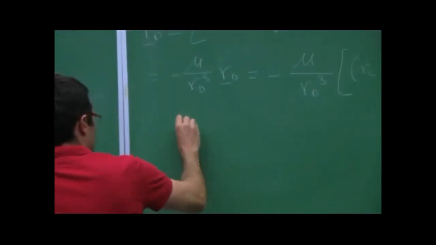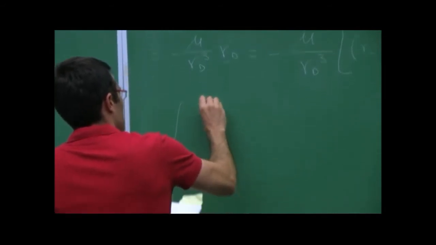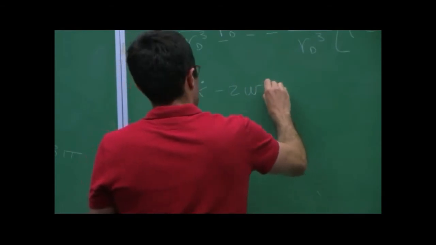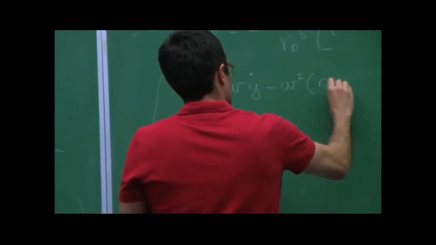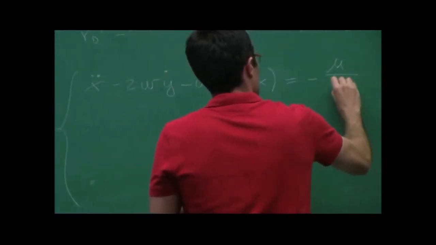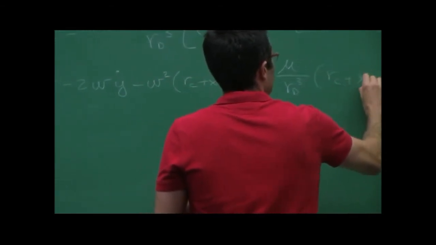I don't like it this way. Let's put it as a system so that this starts looking familiar to what we saw last time. On the x direction of LVLH, this is what I see. This is the left-hand side. And on the right-hand side, I have minus mu over RD cubed times (RC plus x).